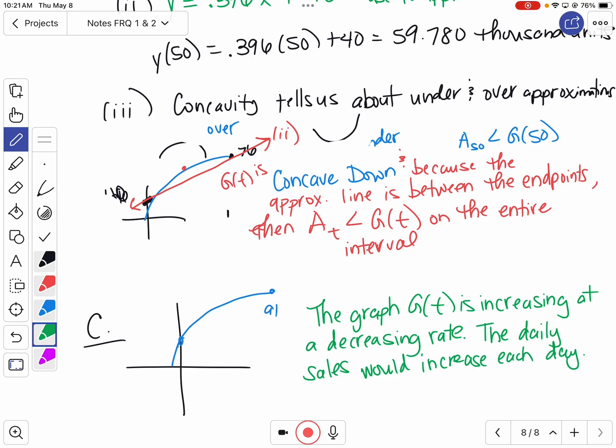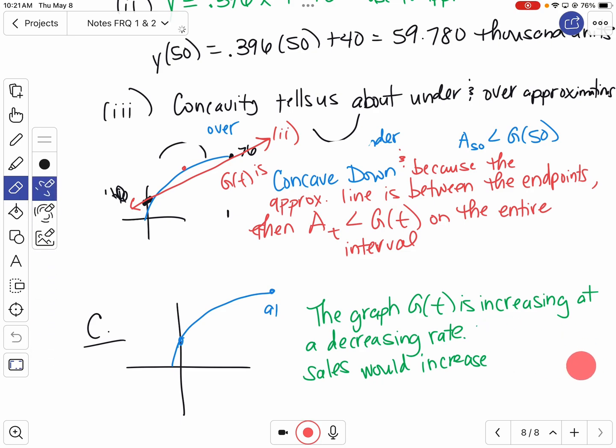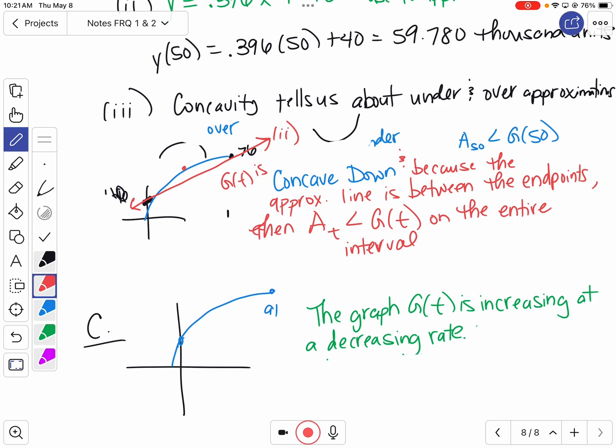Hold on, I'll say that right. We know it's increasing at a decreasing rate. Decreased each day. So what would happen to the difference between what they're telling me has happened and what my model says? Because they're telling me it's decreasing, but we know just by looking at the graph, it's going to continue to increase.